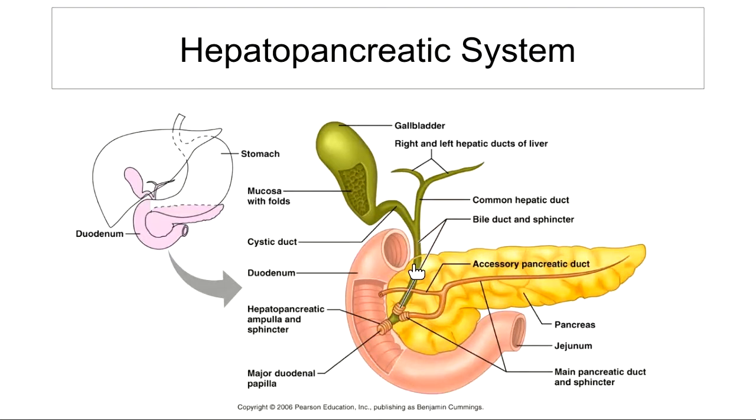The common bile duct, you see it goes on down, and you see here's the pancreas. It has several pancreatic ducts. So the common bile duct and the pancreatic duct join together to form the hepatopancreatic ampulla, H-E-P-A-T-O-P-A-N-C-R-E-A-T-I-C. Second word is ampulla, A-M-P-U-L-L-A.